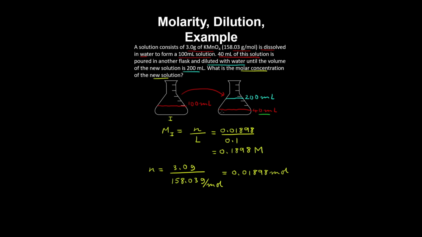Now given that 40 ml was poured in the other flask, we need to obtain a number of moles in the new flask. So to do that, we can use the molarity, and that's equal to our new number of moles on the liters of solution that was poured in the other flask.